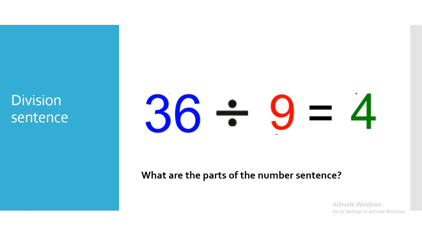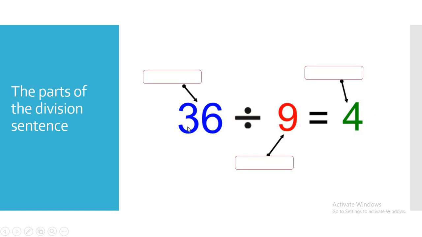It's 4. But let's take a look one more time at the parts of the number sentence. 36. What can we call 36? What do you think? Did you say dividend? If so, you are right. 36, which is the first number in the division number sentence, is called the dividend, and usually it's the biggest number.